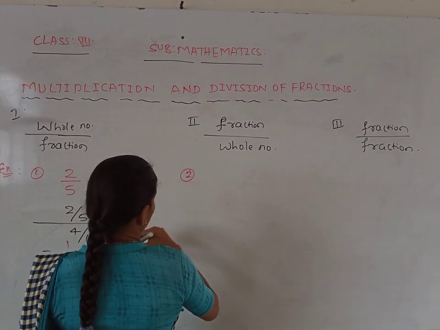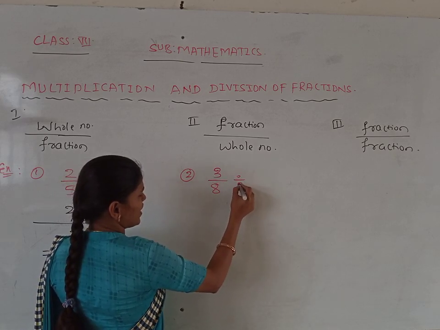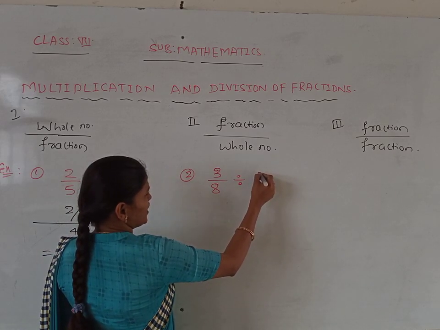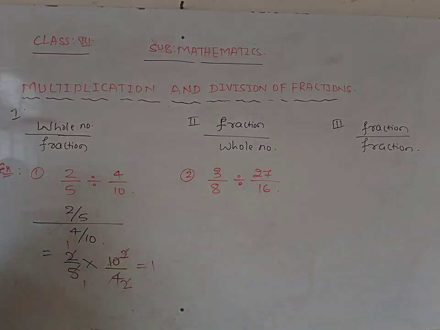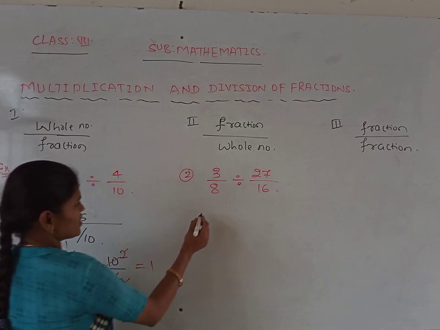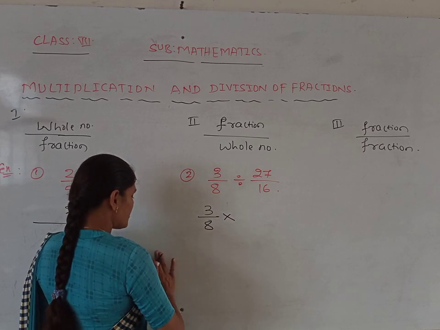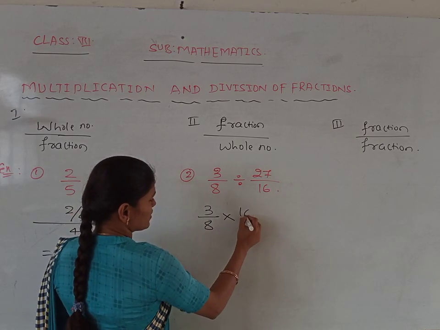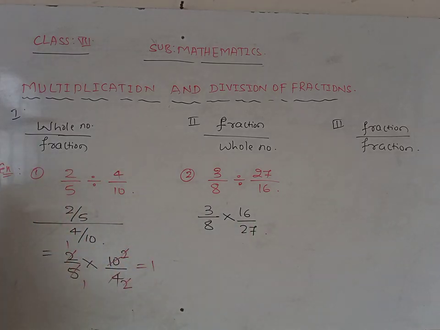Yes, second one, fraction by fraction: 3 by 8 divided by 27 by 60. What's our first step? Keep the first fraction 3 by 8 as it is, multiplied with the reciprocal of the second fraction.